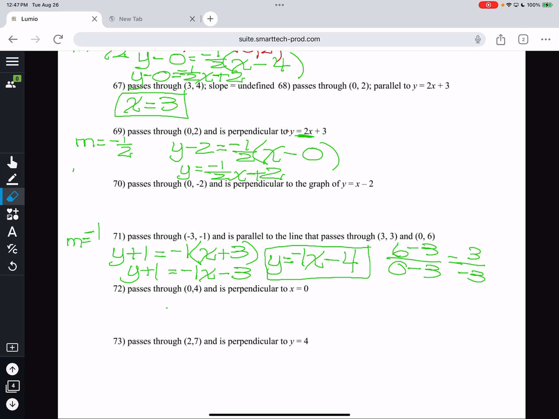So if it passes through 2, 7 and is perpendicular to y equals 4, which means it becomes this, what is our equation? Undefined. Nope, that's slope. x equals 2. Excellent.